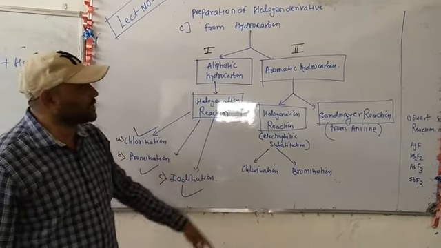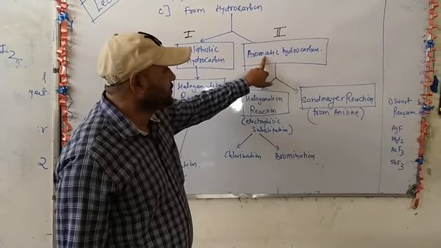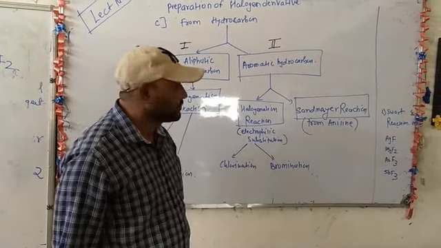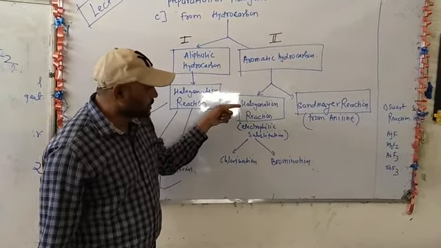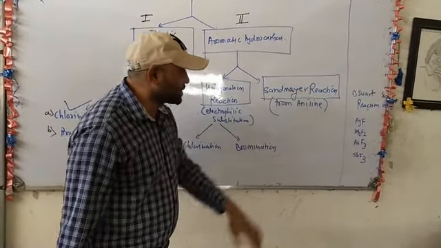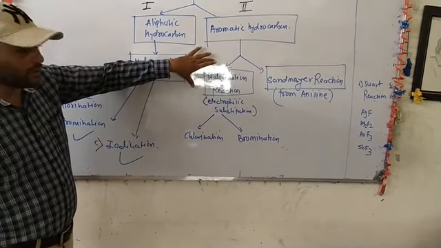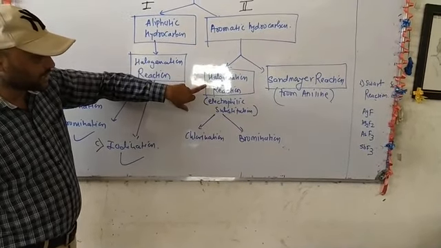Now let us start the preparation of aryl halide from aromatic hydrocarbon, which includes 2 types of reaction, halogenation reaction and Sandmeyer reaction. So how to prepare aryl halide or haloarenes by halogenation reaction?